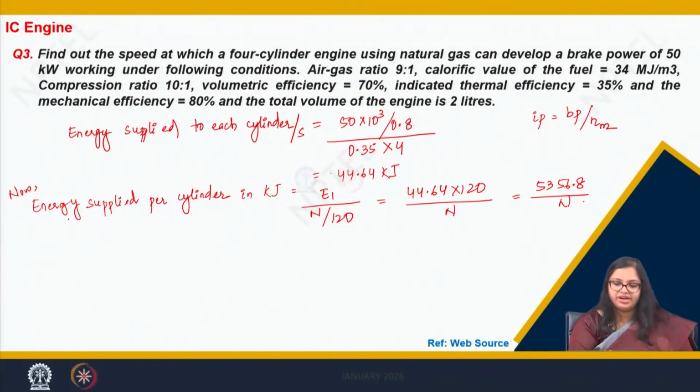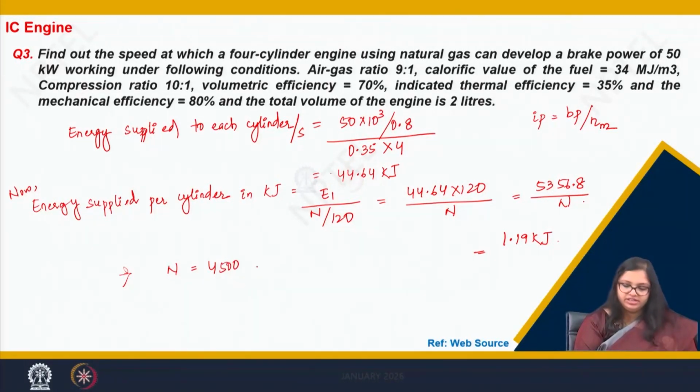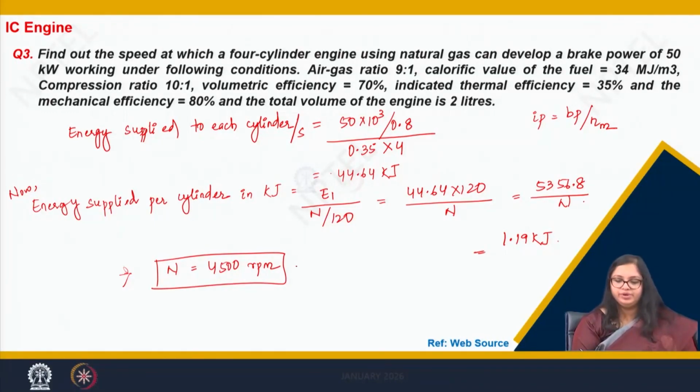So the energy supplied per cylinder, 5356.8 by N, should be equal to 1.19 kilojoule, which implies my N will be equal to 4500 RPM. So this gives me the speed at which my cylinder is using natural gas and developing a brake power of 50 kilowatt. So the speed of my engine would be 4500 RPM.